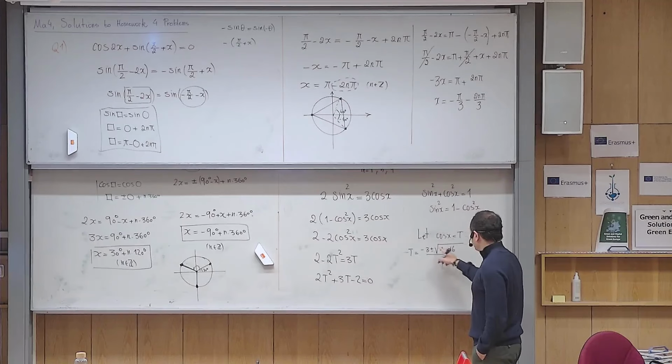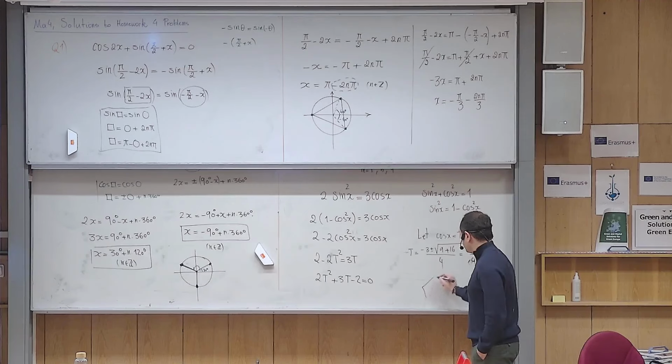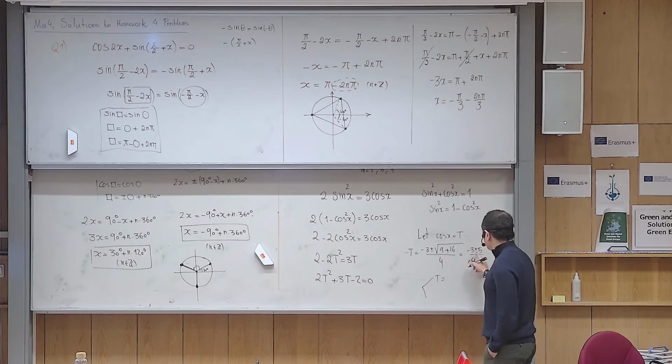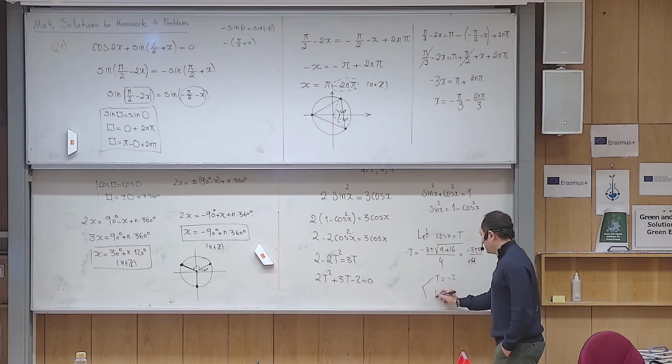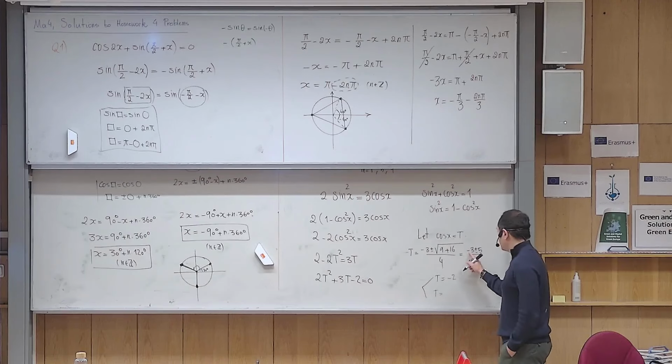And this is 25, 5. So it's minus 3 plus or minus 5 divided by 4. And then I have 2 answers for t. One of them is minus 3 minus 5 is minus 8 divided by 4 is minus 2. The other number is minus 3 plus 5, 2 divided by 4 is 1 half.